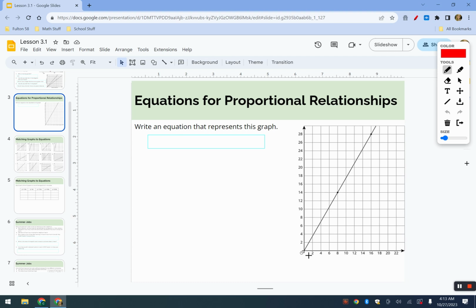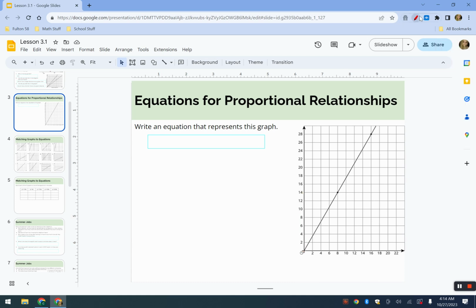Or honestly, I'm just going to start at 0, 0, and then see how much we went up and over. So to go from 0, 0 to this first point, we went up 14 and over 8. So we can write this in 2 different ways.